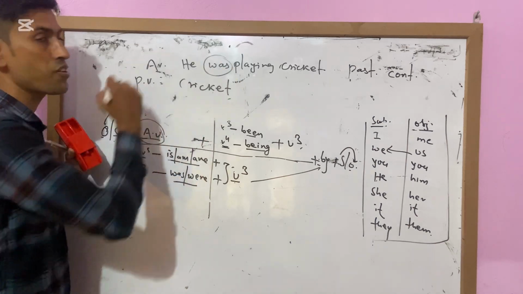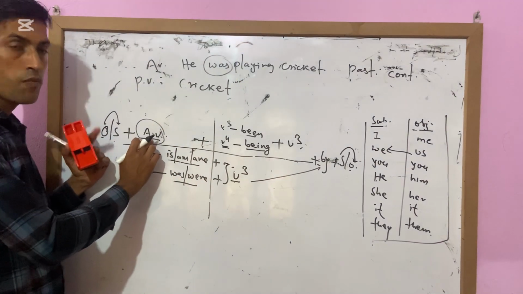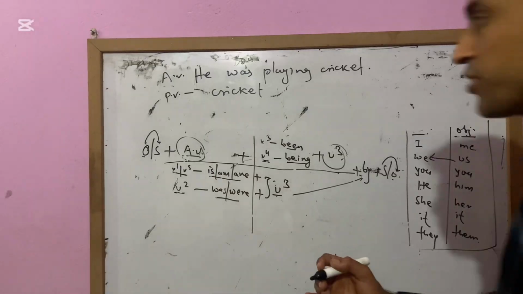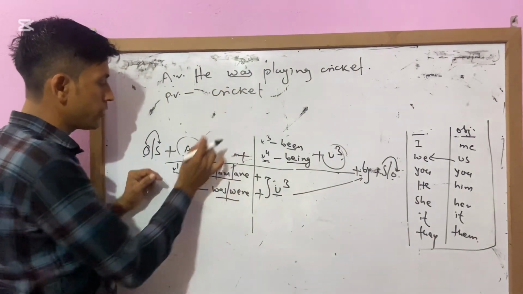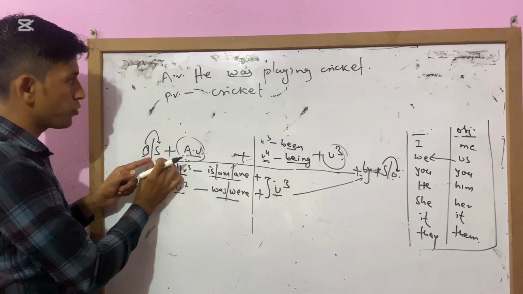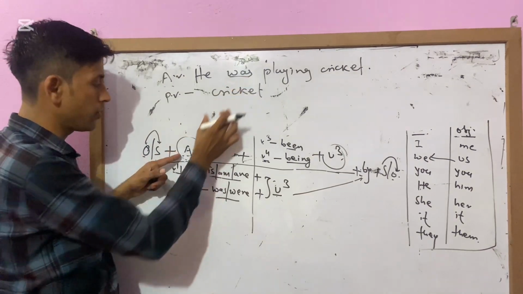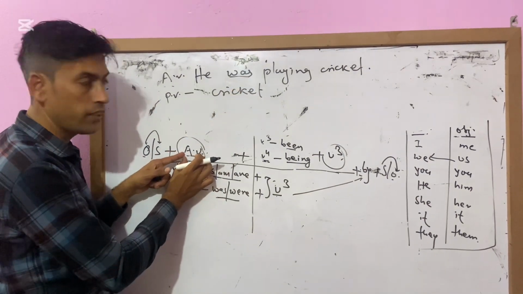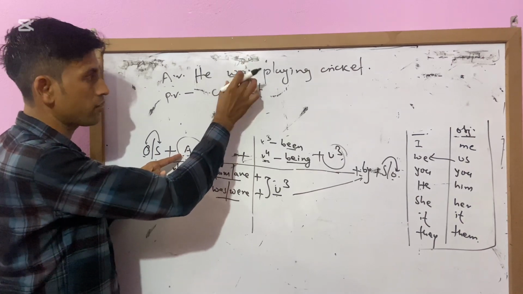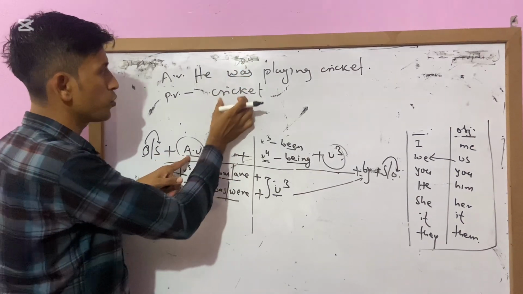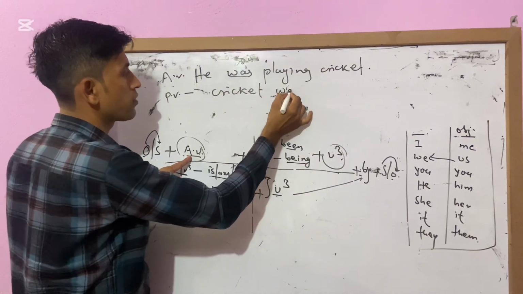If an auxiliary verb is given in a question, then this pattern goes. Auxiliary verb here is was, right? So object by subject we use here, and if an auxiliary verb is given, then we use the auxiliary verb. So was or were is the pattern. We use here cricket, and we use was.